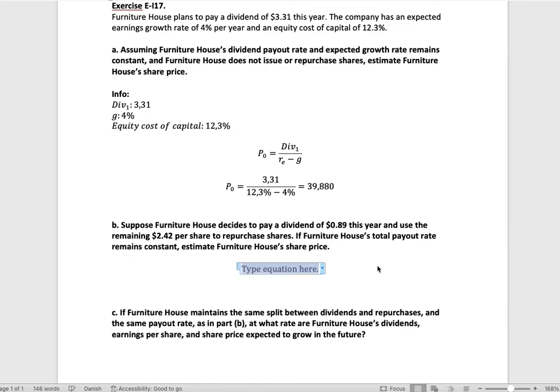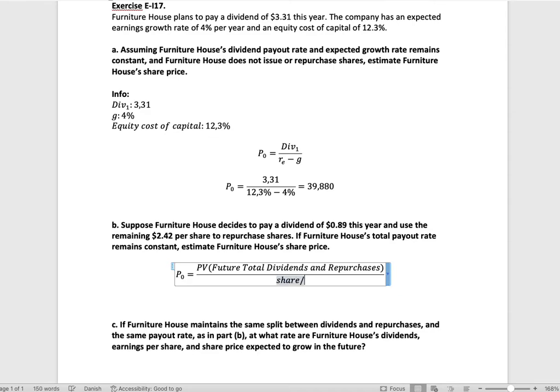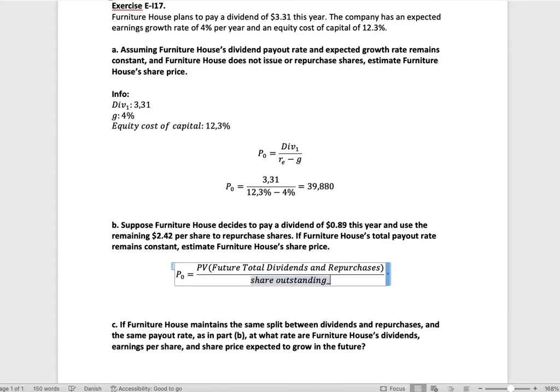The total payout model says that the present value of future total dividends and repurchases, divided by shares outstanding times 0, which is when all of this happens, gives us P0.